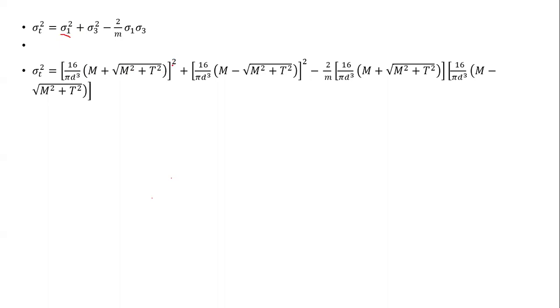So hence, that is squared. What about stress number 3? Stress number 3 is the same thing, except where we have plus, we put minus. So we repeat, 16 over pi d cubed, open brackets, I have m minus under the root of m squared plus t squared.